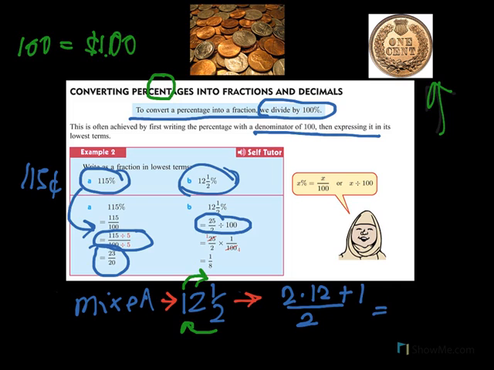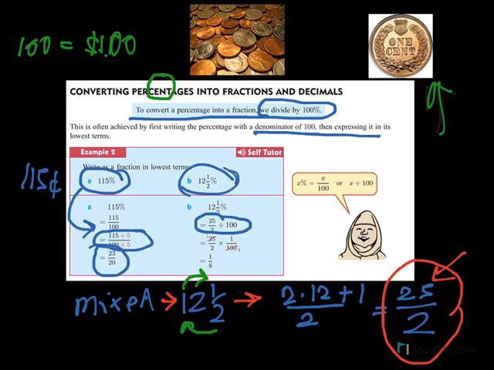What this equals is 25 over 2. Again, we're going from a mixed fraction to an improper fraction. An improper fraction is when the number on top, the numerator, is bigger than the denominator. Here we see that 25 is much bigger than the 2. Now we have a fraction, 25 over 2.